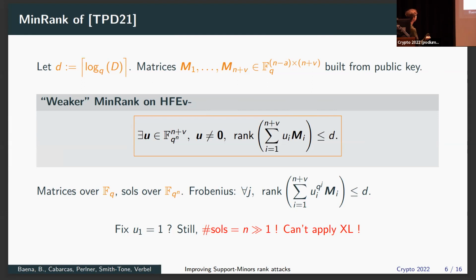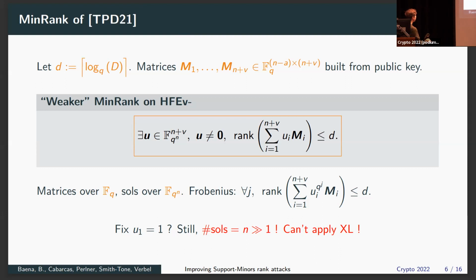So here, the important thing to remember is that your matrices are over F_q, but as I said, the solution is over F_q^n. And this is really crucial because if you have a low rank matrix like this, and you apply the Frobenius map x to the x power q on the entries, you will get another solution. And basically, all the rank d solutions that we expect are of this form.